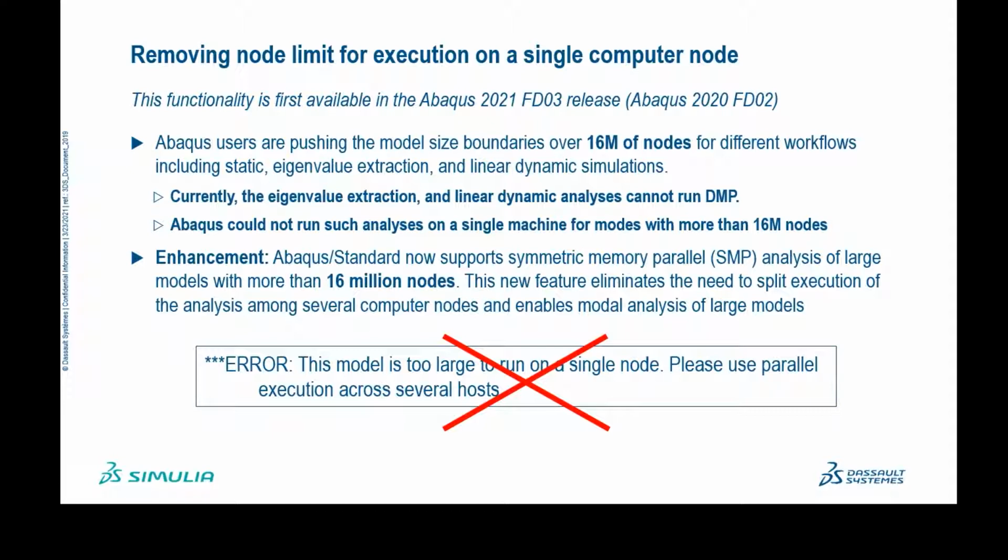So now there is also an improvement in that sense where even larger models than 16 million nodes, dozens of millions of degrees of freedom can be run on one singular node. The only downside here is probably you will get the response within a month instead of within hours if you use multiple CPUs.